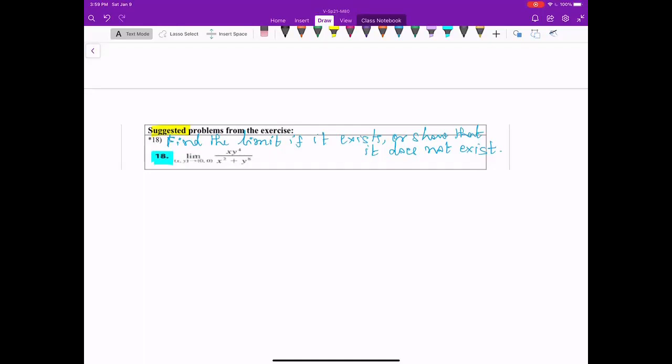So let's consider the function f of xy equal to x times y to the power 4 divided by x square plus y to the power 8.